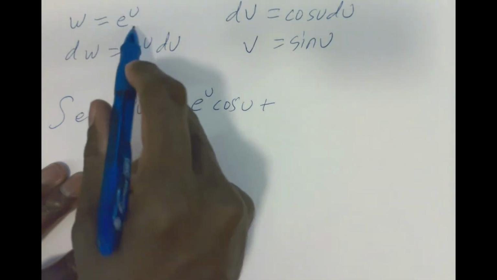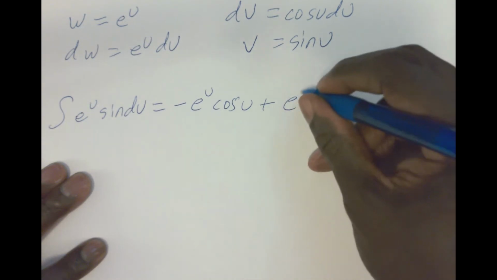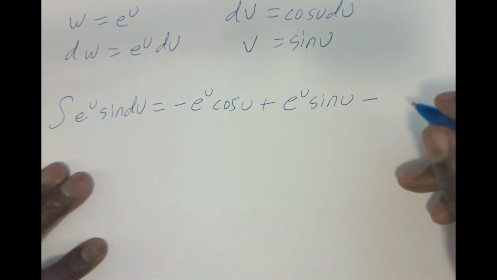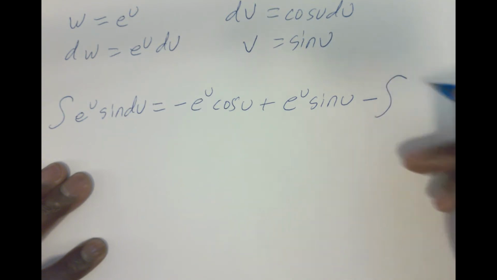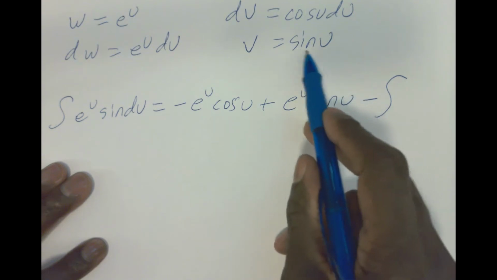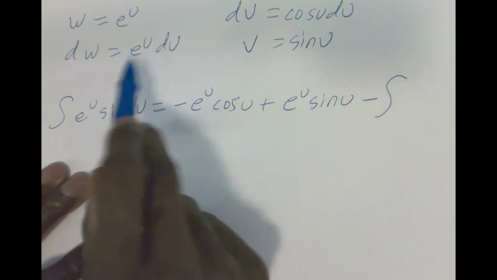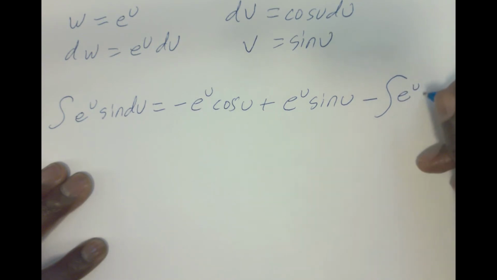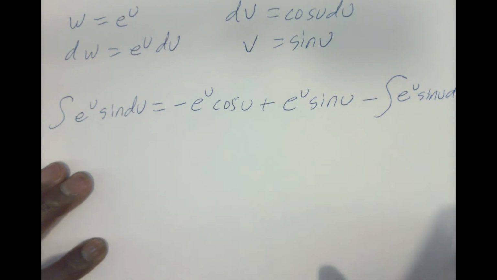So plus e to the u sine u minus the integral of e to the u sine u du.